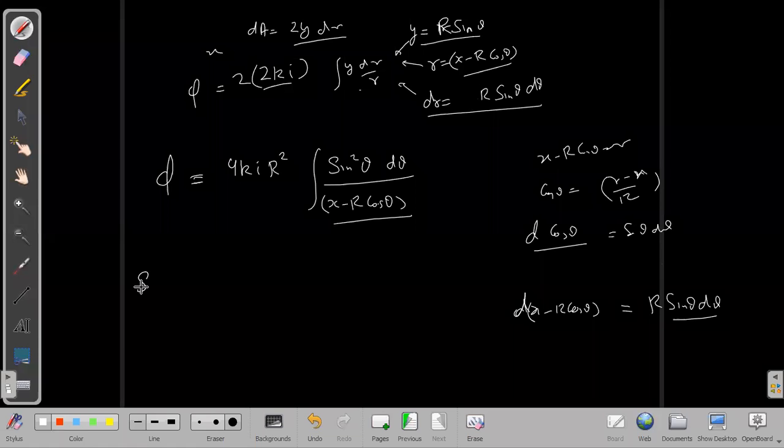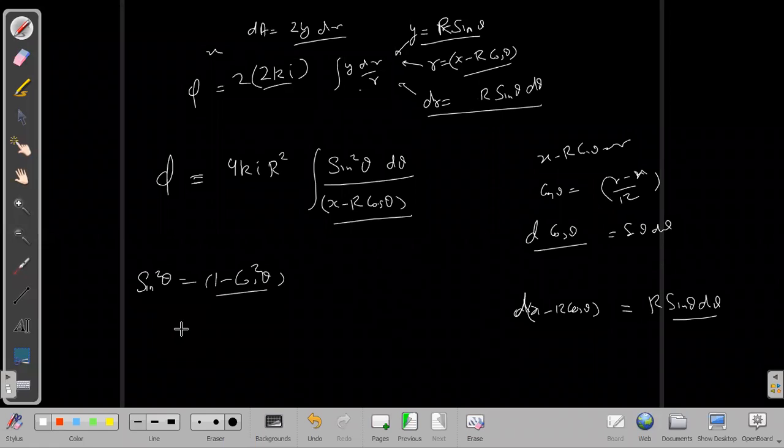1 minus cos square theta, sir. Yes, I wrote it. Then take r common out from the denominator. Sir, from the denominator I have taken r out. Yes, sir, r I have taken out.